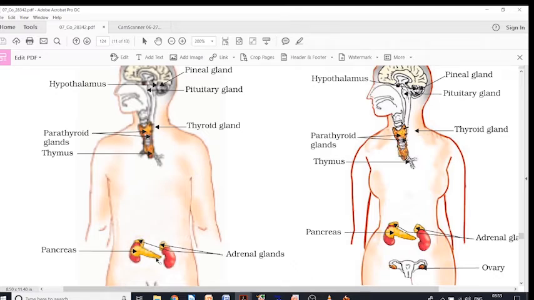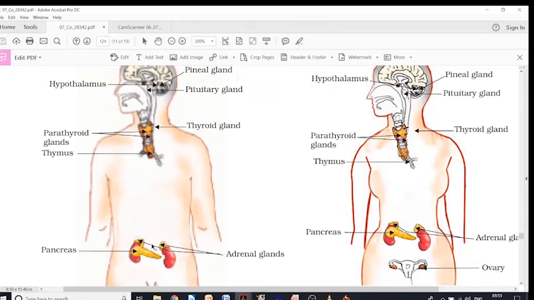Whenever there is a rise in blood glucose in our bloodstream, a sudden rise in blood glucose is not good for our body. So insulin checks the rise in blood glucose. If there is a rise, insulin decreases the blood glucose level.